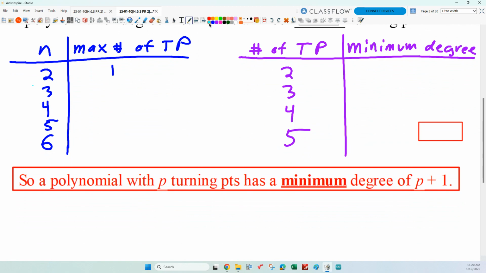It could look like this: up to the right and down to the left. It could have no turning points, but the most it could have, would you agree, is 2? If it turns once, it's got to turn again because it has to end up having opposite end behavior. Agreed?